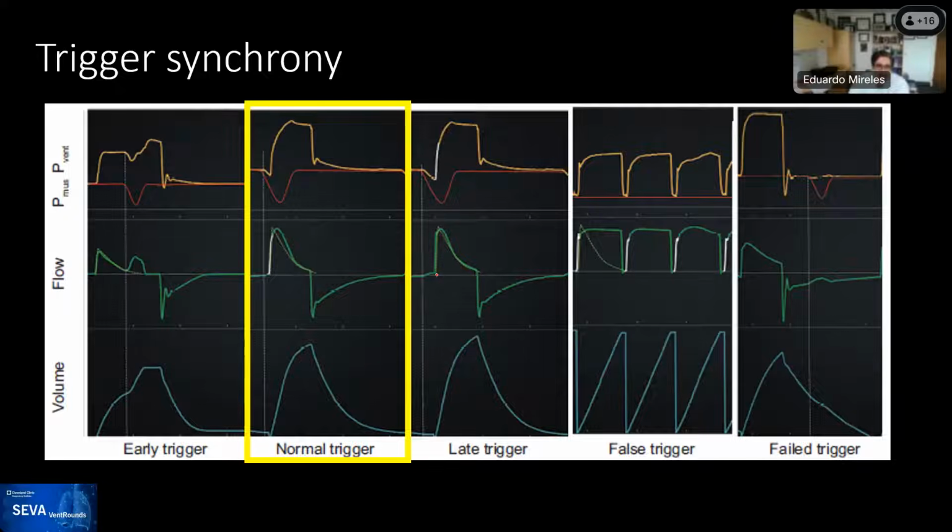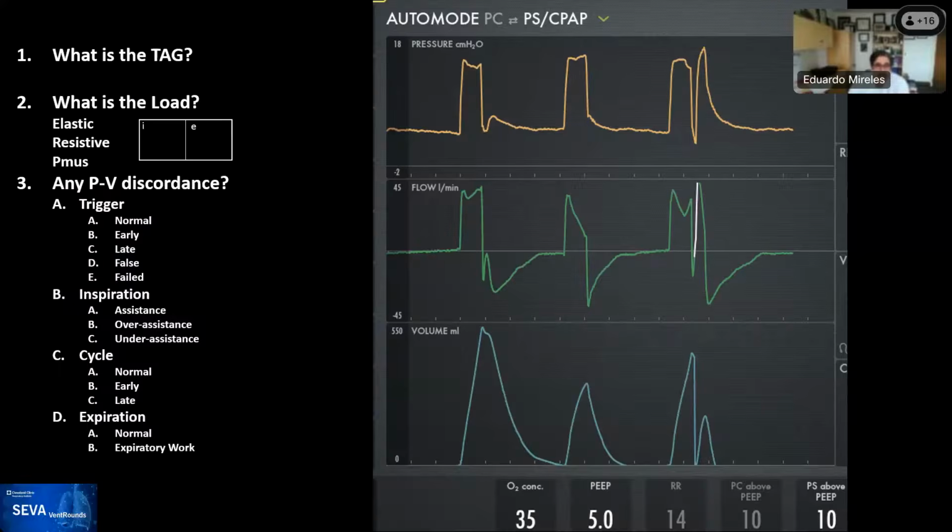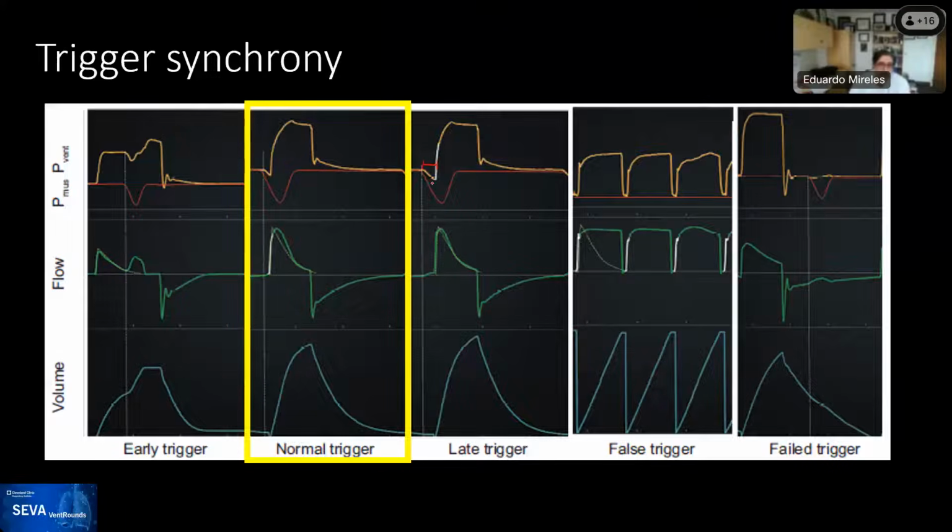And then on the other end of the spectrum is what we call early trigger, in which the machine, the ventilator, triggers the breath, and then later there's activity of the patient, so PMOS. You can see the deformations that occur on this waveform, how the flow increases at the end of this breath, and how the volume actually increases because of the presence of PMOS.